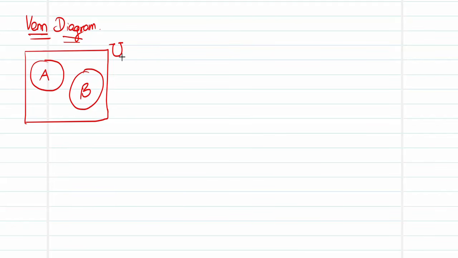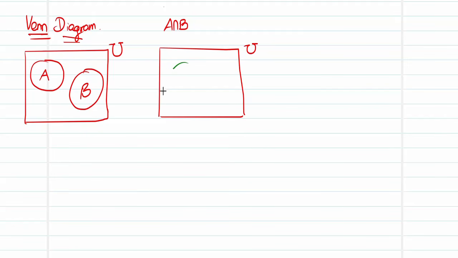So when I say A and B, elements which are common to A as well as elements that are common to B, how will I write them? Let this be my universal set U, and let me have an A over here.